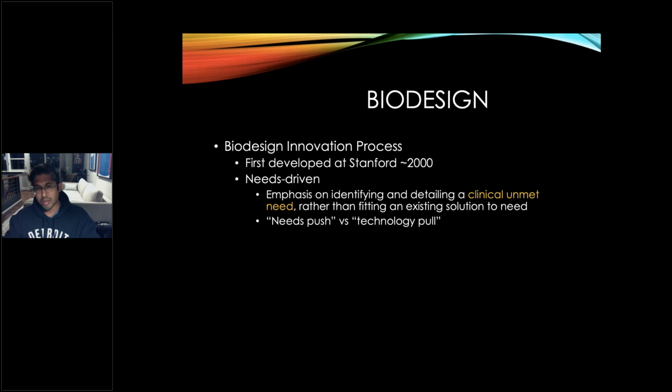What that means is that there's an emphasis on identifying and detailing a clinical unmet need, rather than fitting an existing solution to a need. I apologize, I'm not phrasing that right, but basically you want to find a problem first and try to fix it, as opposed to stumbling upon a solution and trying to apply it to an existing problem.